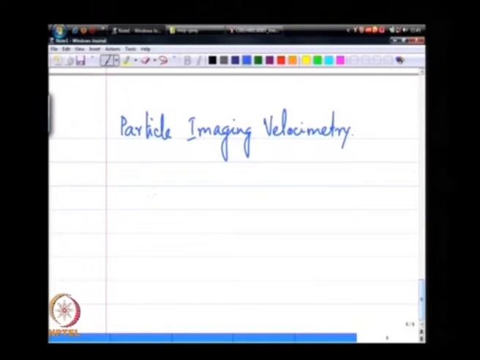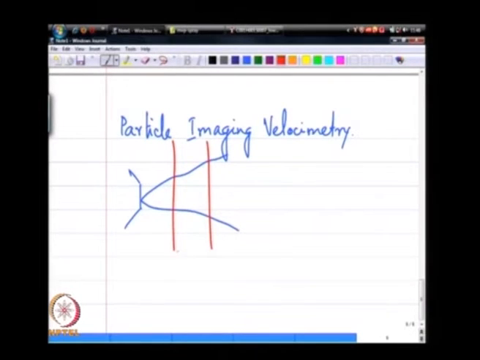The hardware part of particle imaging velocimetry is still the same: I have a spray, I have a light sheet illuminating the spray, and I have one camera where my eye is located right now.